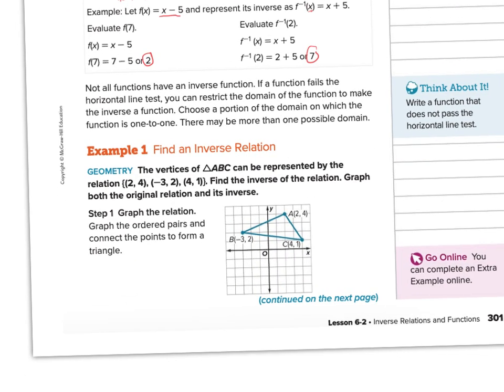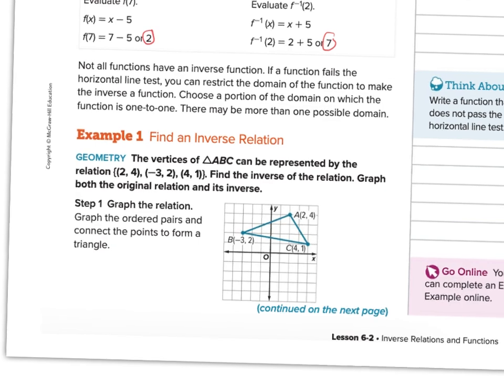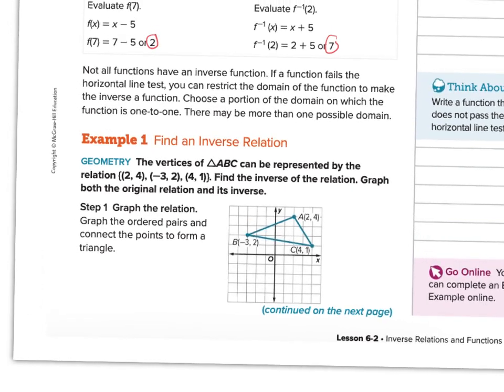Finding an inverse relationship. So the vertices of triangle ABC can be represented by the relation, and of course they've graphed them: (2, 4), (-3, 2), and (4, 1), and they've connected all my points, so we have this triangle. And it says find the inverse of the relationship, graph both the original relation and its inverse.